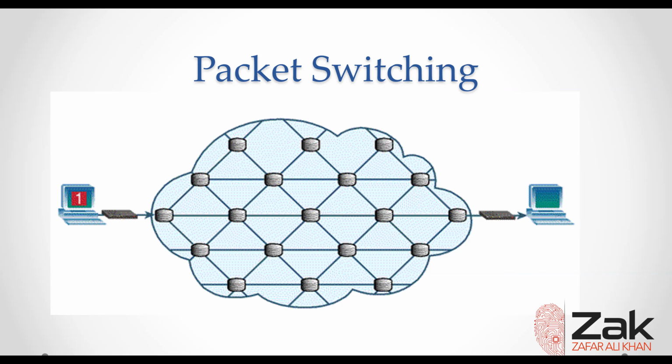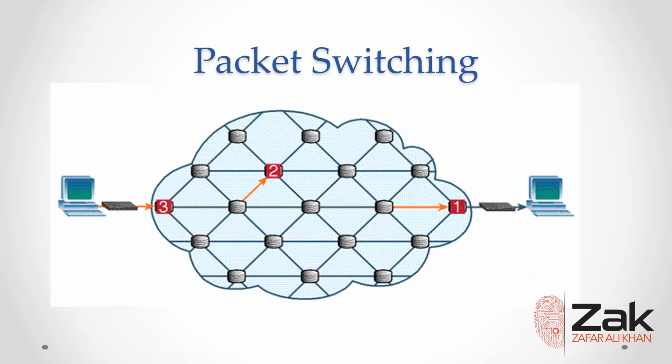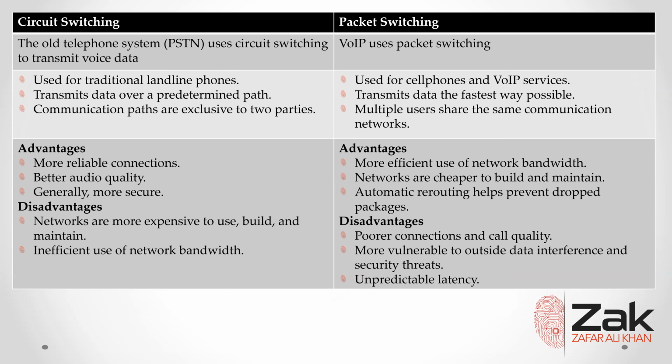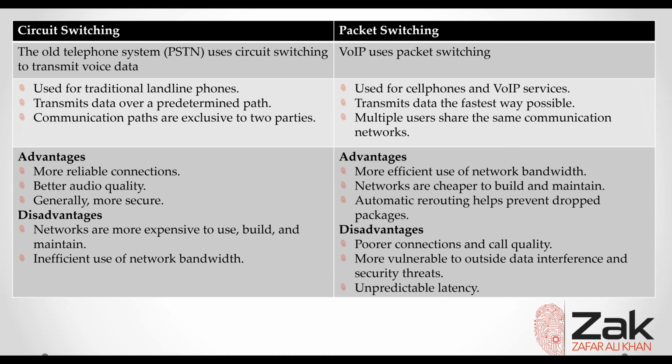Now, as you can understand packet switching, let's discuss packet switching in comparison with circuit switching. The old telephone system that we call PSTN, the public switched telephone network, uses circuit switching to transmit voice data, whereas voice over IP, VoIP, uses packet switching.